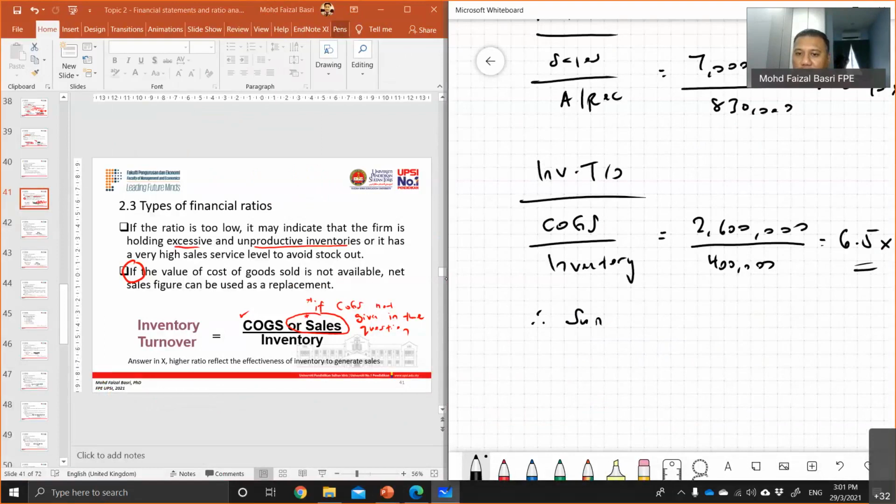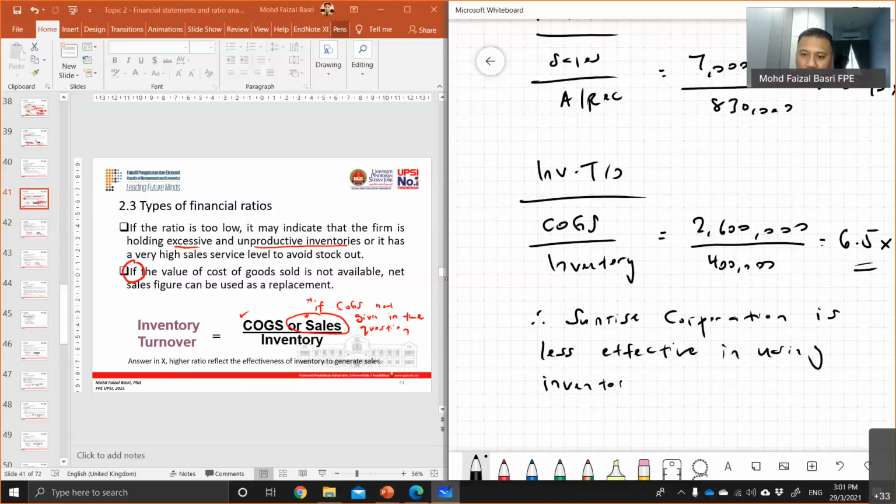Sunrise Corporation is less effective using inventory to generate sales, as compared to the industry average.